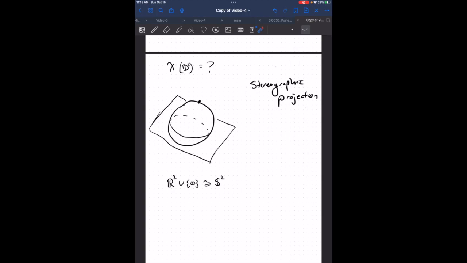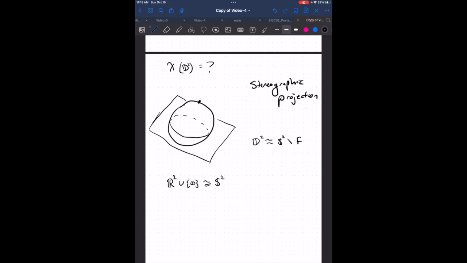So how does this help us? Well, we can think of the disk, or any triangulation of the disk, as being on the sphere with one face removed. So disk is sphere minus a single face. And so any triangulation of the disk gives me a triangulation of the sphere with one face removed, and vice versa.